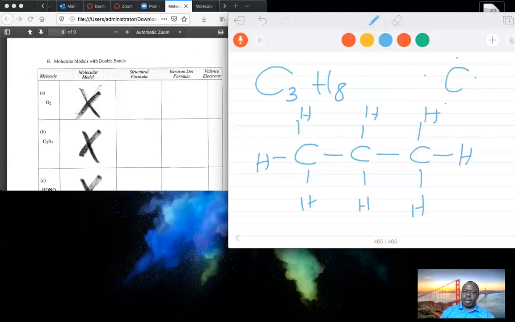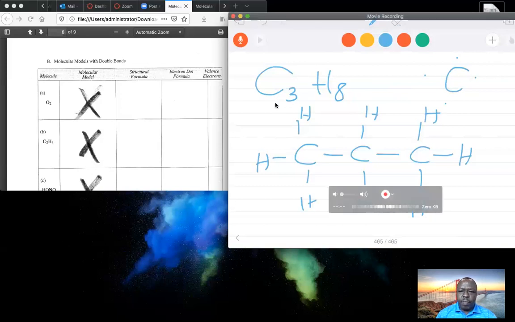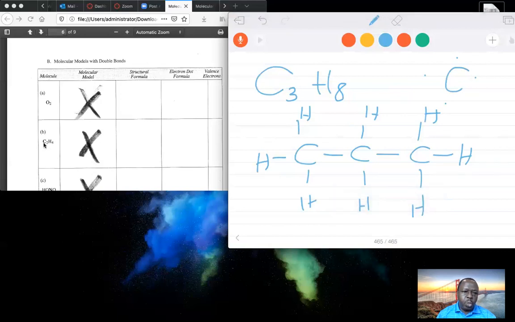And I have ended up with the structure. Just to give you an example of how you start building the molecule, starting from the backbone of the carbon chain. This will have 2 connections, and then you distribute the hydrogens.